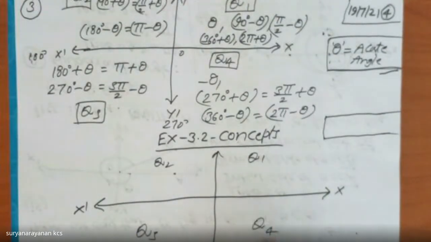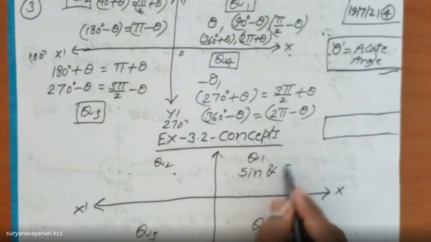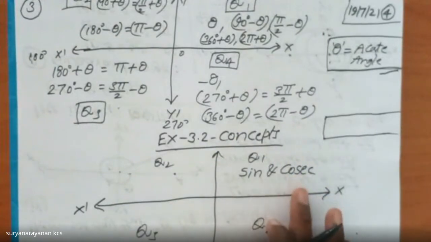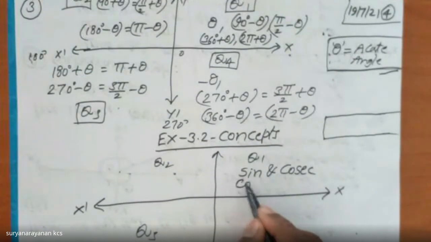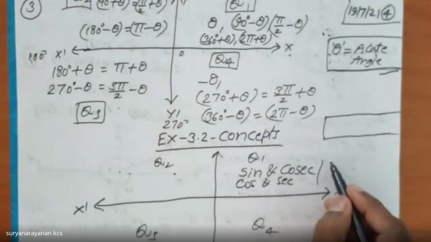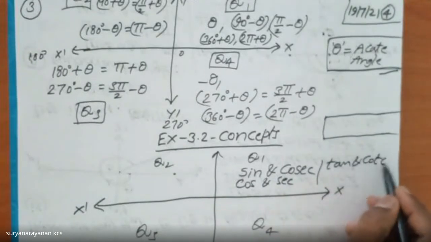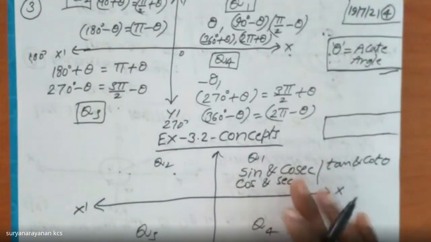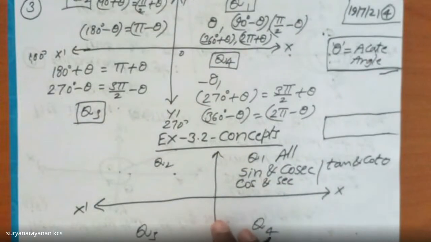In the first quadrant, sine and its reciprocal cosecant, cos and its secant, tan and its reciprocal, all these trigonometric functions are positive. All the trigonometric functions are positive in this first quadrant.